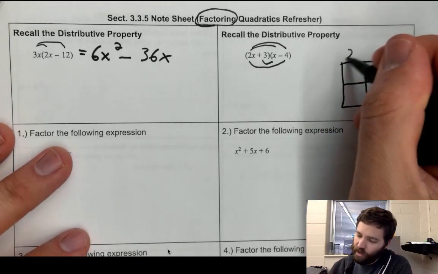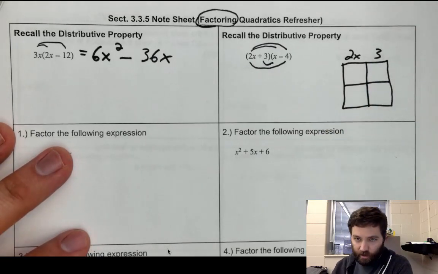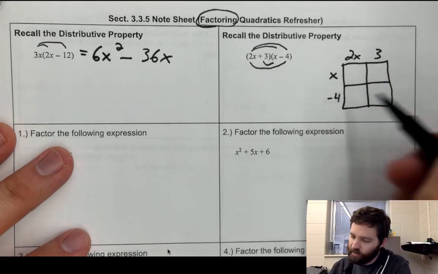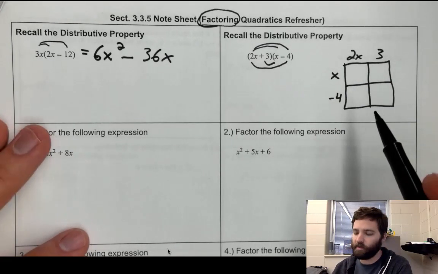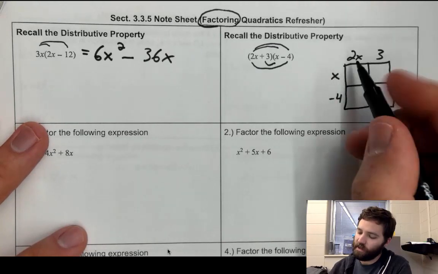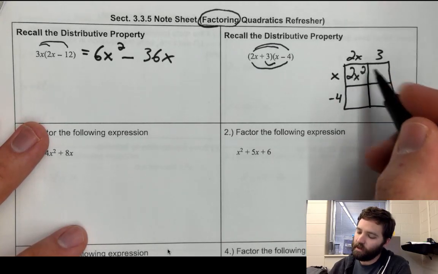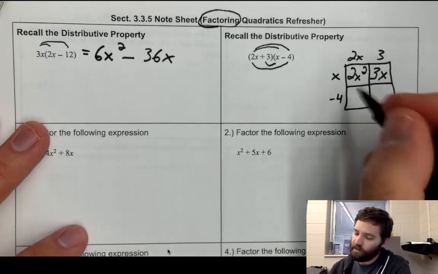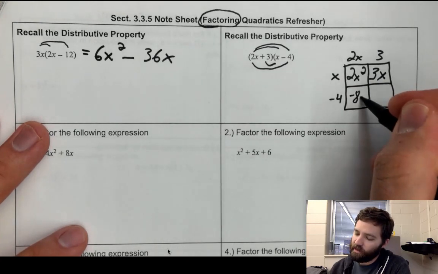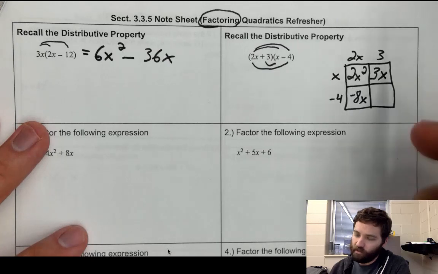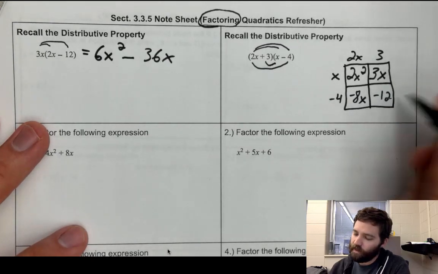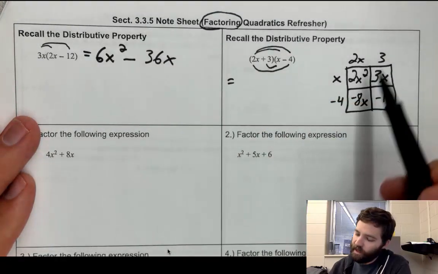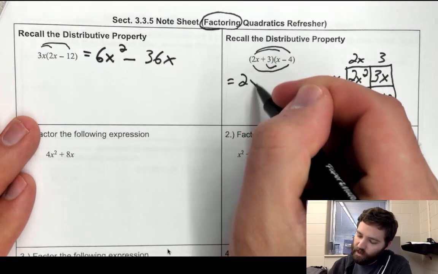So if I take 2x and 3 like this, and x and negative 4 like this, all I have to do is multiply rows by columns. So I'll take 2x times x, that's 2x squared. 3 times x, that's 3x. 2x times negative 4, that's negative 8x. And 3 times negative 4, which is negative 12. And then I just combine like terms. So I have 2x squared, that's the only x squared term.